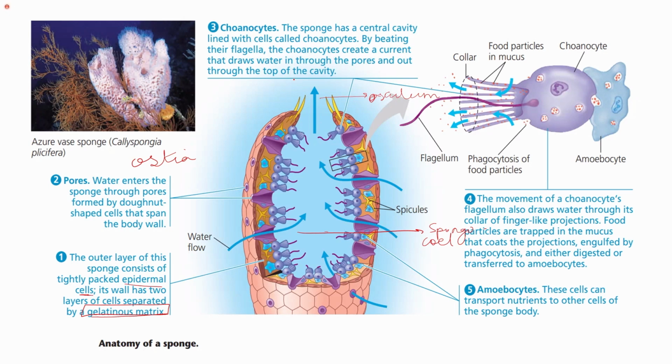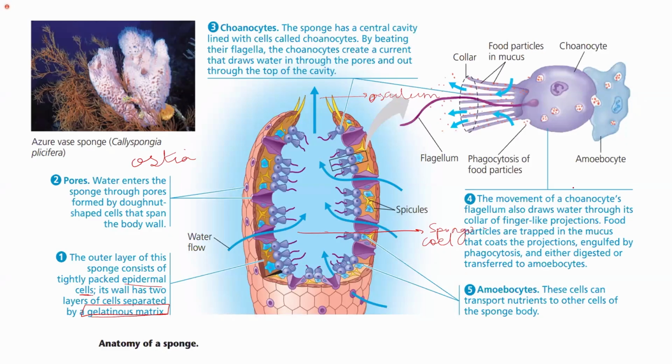So the beating of flagella allows the entry of water into the spongocoel, and then it allows the water to move out of the body through the osculum.